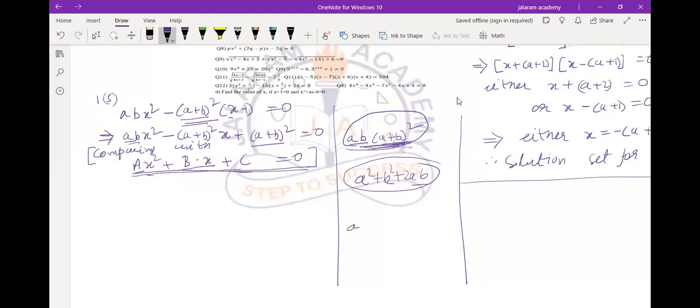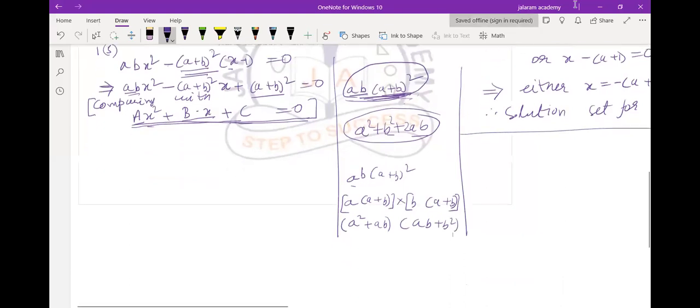If we take one of the factors as a into a plus b and the other as b into a plus b, what will be the sum? Expanding, the first factor is a square plus ab, and the second factor is ab plus b square.